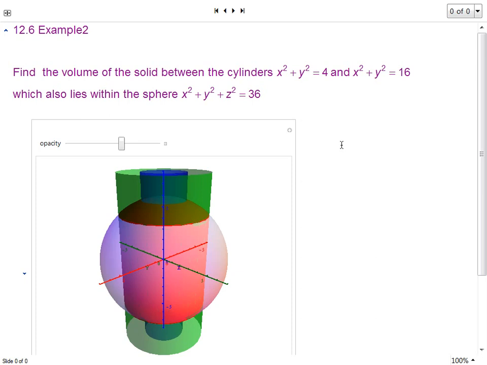You've got your 2 beer cans again, running parallel to the z-axis, and the radii on those are 2 and 4. And then you've got a sphere, and the sphere has radius 6. You've got to be able to visualize the part that's bounded by all of those curves.